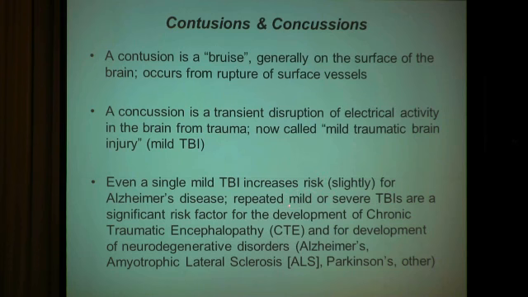Repeated mild or severe traumatic brain injury is a significant risk factor for what we call chronic traumatic encephalopathy. This is what's associated with football players, boxers, and other individuals who get hit in the head a lot, and for the development of many neurodegenerative diseases: Alzheimer's, amyotrophic lateral sclerosis or ALS, Parkinson's, and others.